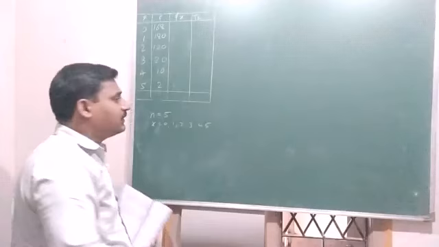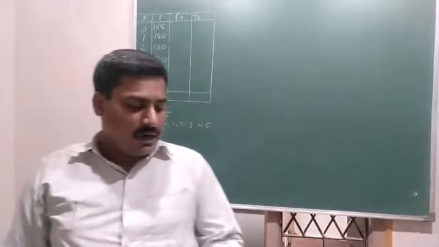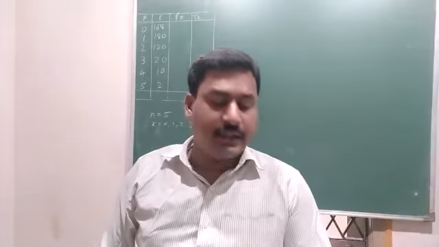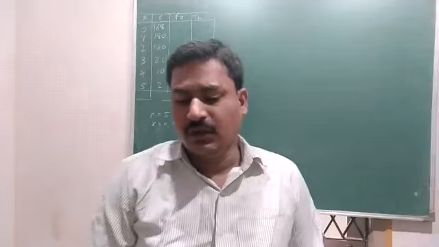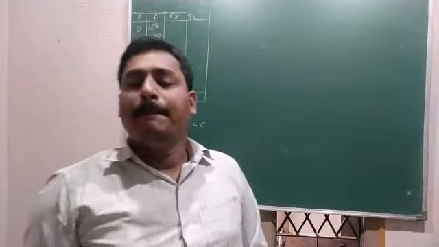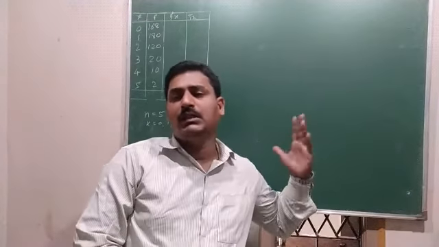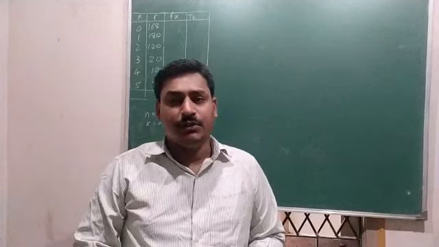So with the help of this, we have to fit a binomial distribution to the data and obtain the theoretical frequencies. So here they are asking to fit the binomial distribution for this observed frequency distribution.